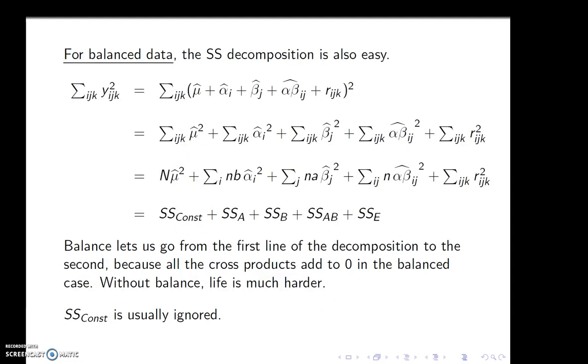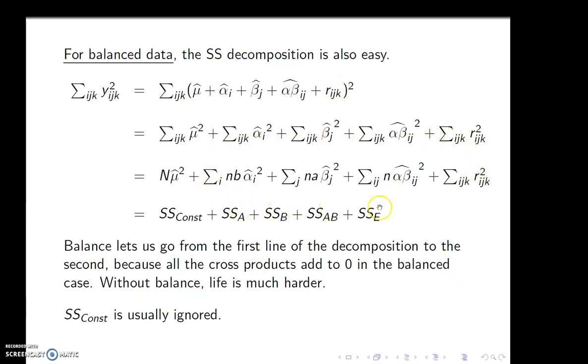So this makes the sum of squares decomposition real clear. If we look at the sum of the y_ij squared, we're going to get each of those effects in there, quantity squared, because we have the squared there and there.